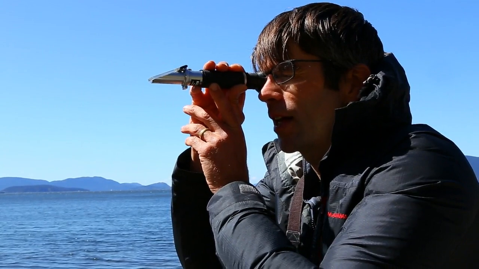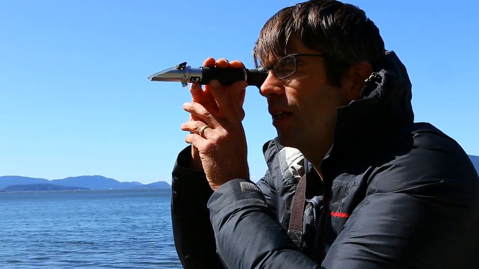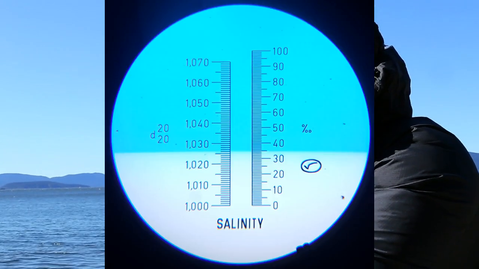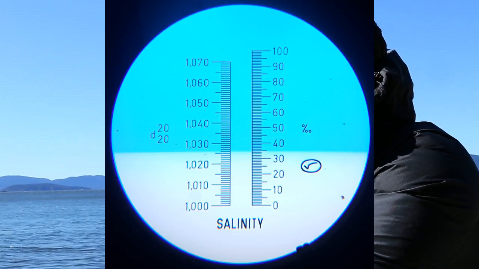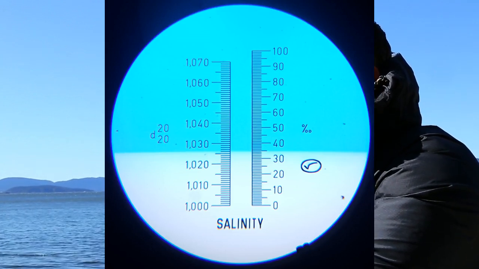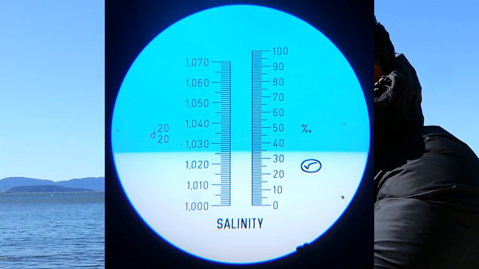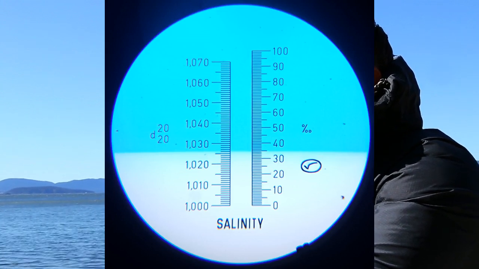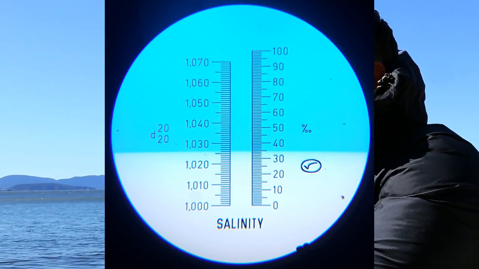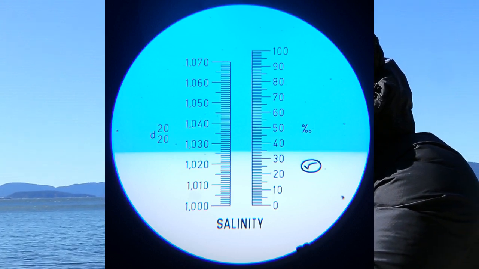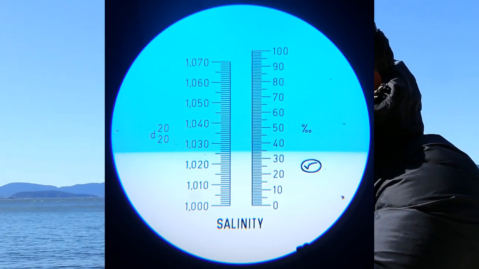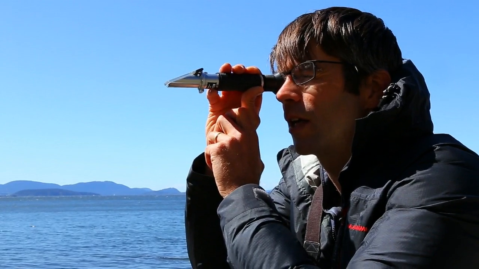In reading the salinometer, I could see that there are two scales. And the scale on the right is the one we're going to focus on. It reads from 0 to 100. And in this case, the discontinuity was about 34. And that discontinuity marks where on the scale we take a reading.